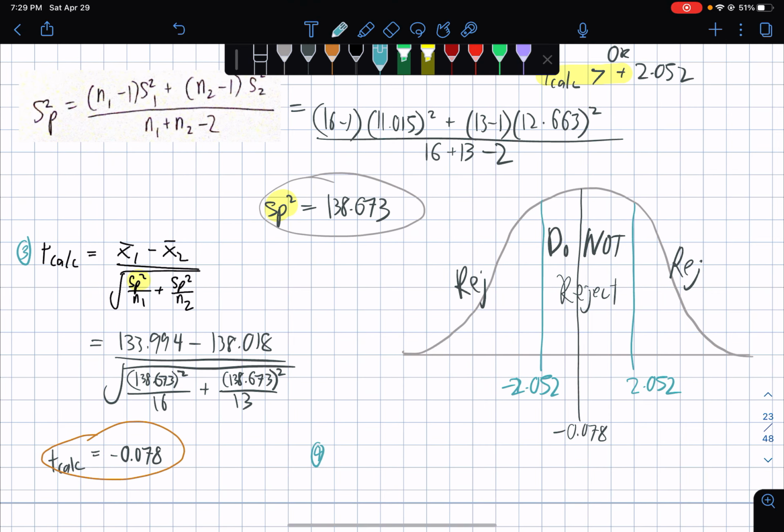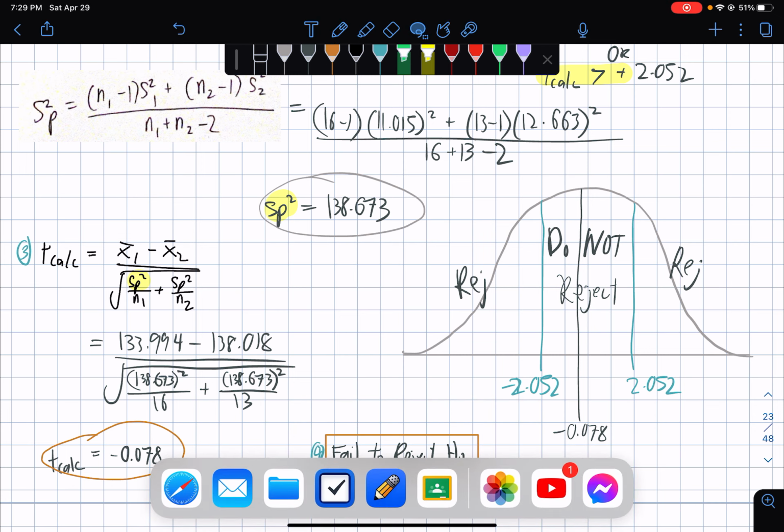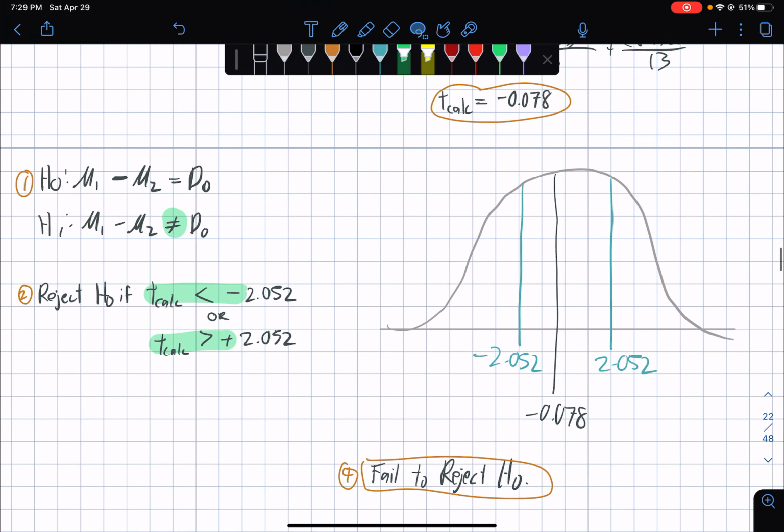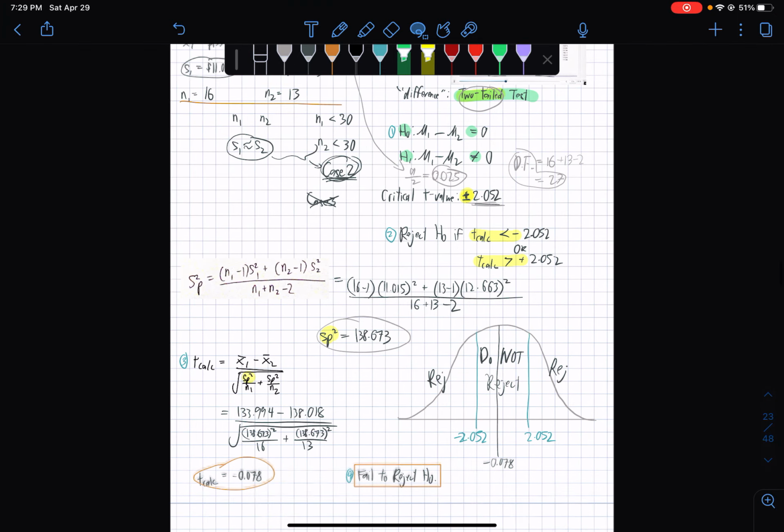What's our final resolution? Because it is in the do not reject region, we do not reject, or in other words, fail to reject H0. Exactly the same answer.